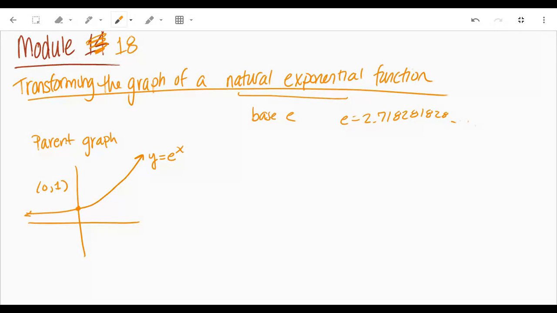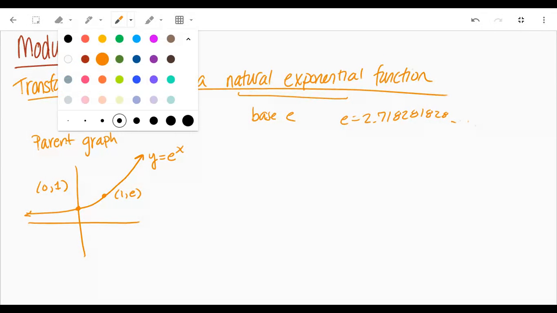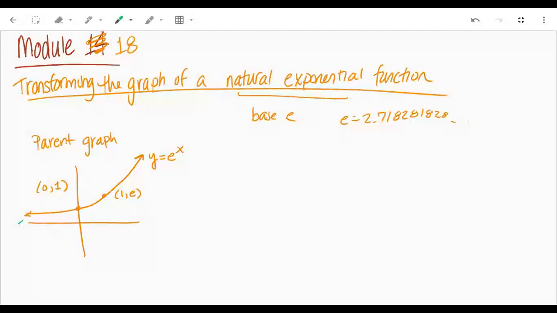And then the second one would be when x is 1, y is e. I apologize, this isn't to scale, but there you go. There's your two important points. And it also has an asymptote. The x-axis is the asymptote, so y equals 0.